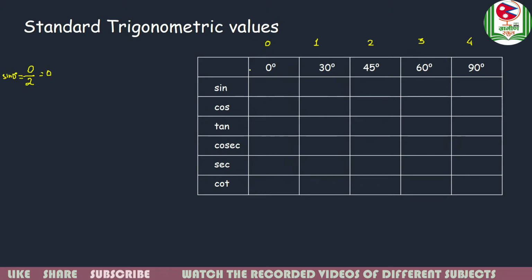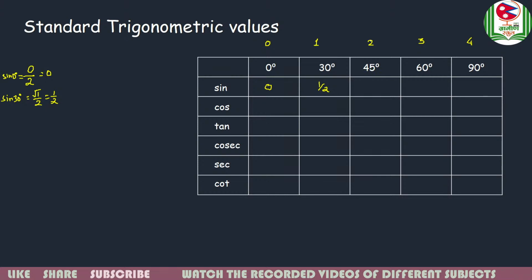So we write here sine 0 means 0. For sine 30, here it is 1. So we write sine 30 degree is equal to root under 1 by 2, and this is going to be 1 by 2. So we write sine 30 as 1 by 2.